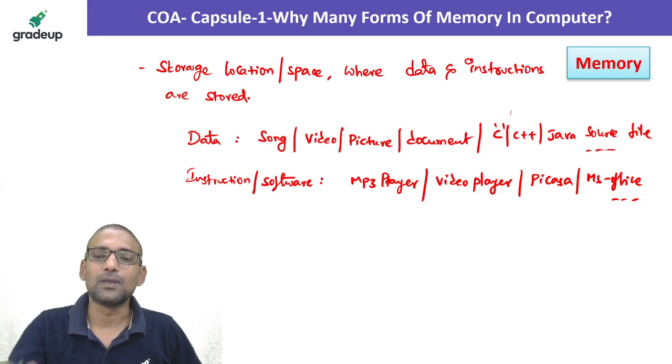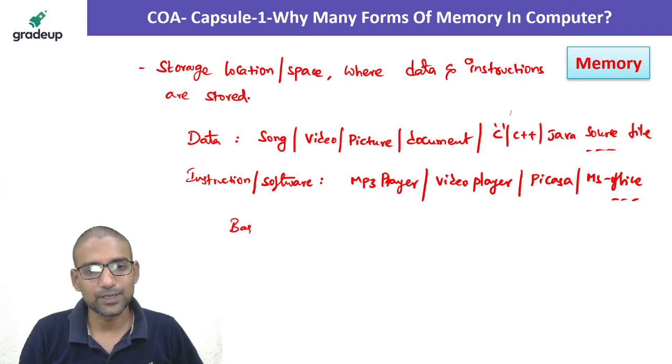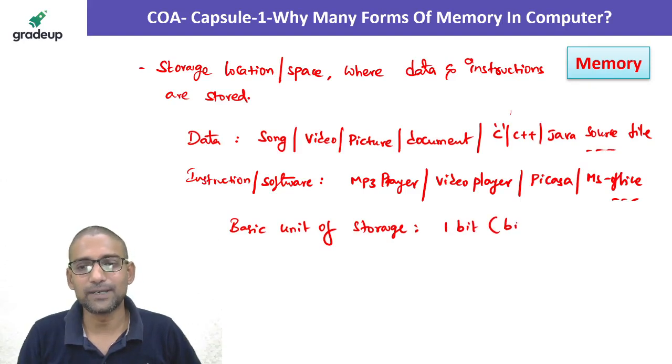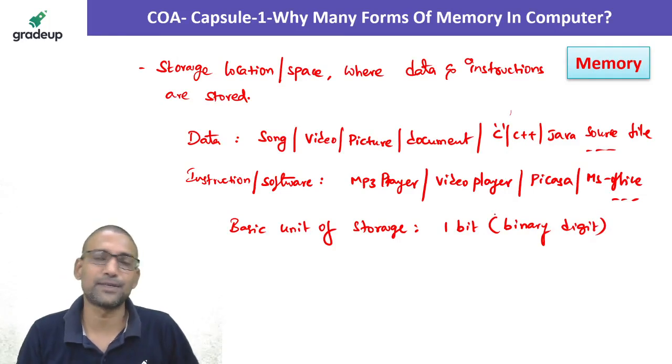Now, what is the basic unit of storage? 1 bit, right? Bit, we know it is the short form for binary digit. So 1 bit is the basic unit of storage.